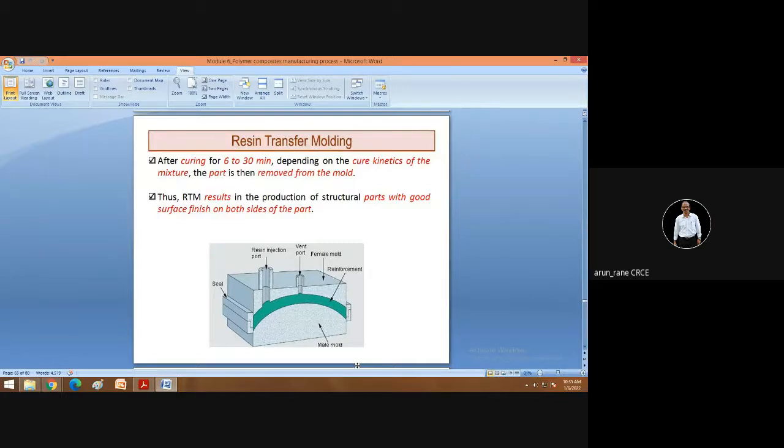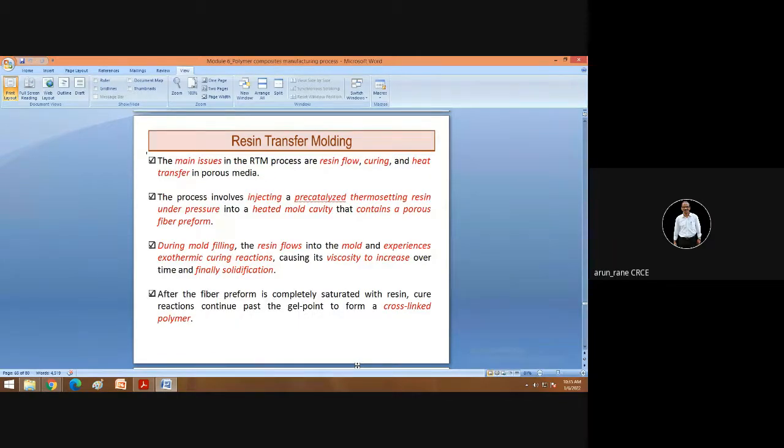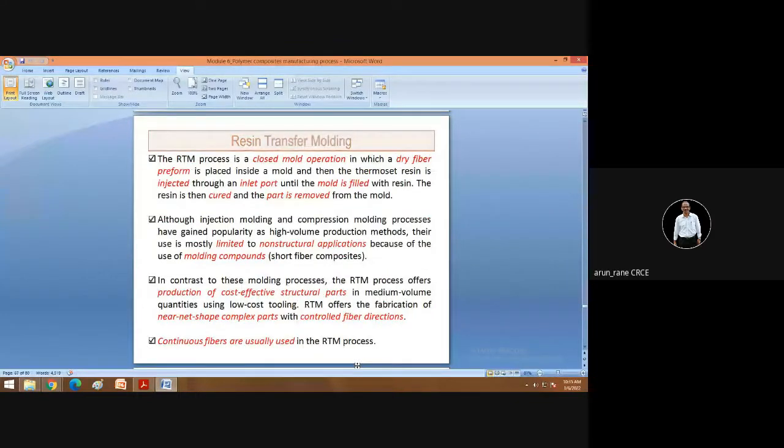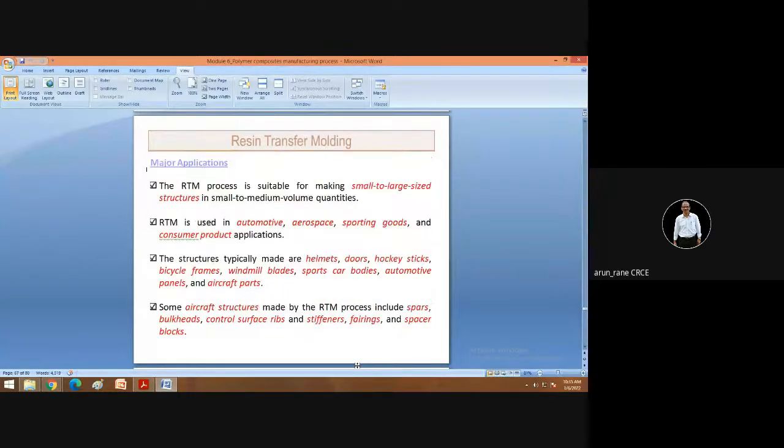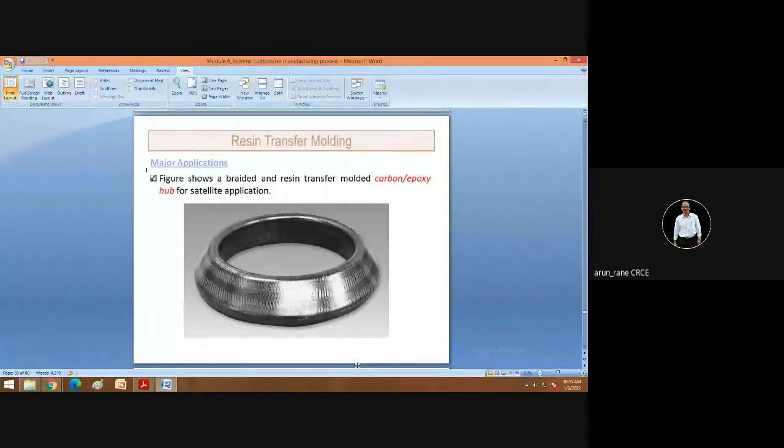Then you have resin transfer molding. RTM it is called. So whatever processes we are discussing, these are the processes in which your composites are processed.